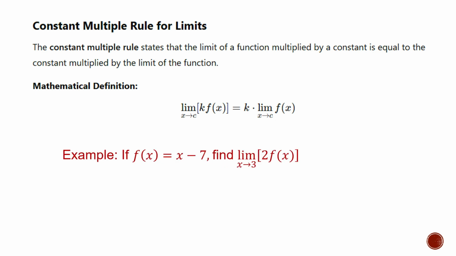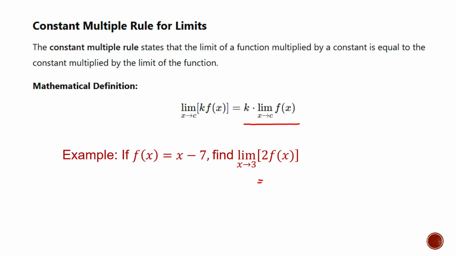So for example, if f of x is equal to x minus 7, find the limit of 2 times f of x. So let's use the equivalent of that here. I'm going to put 2 outside of that, and then I will evaluate the f of x as x approaches 3.